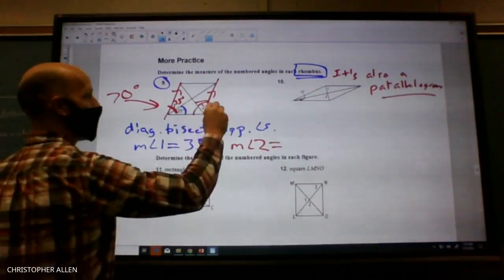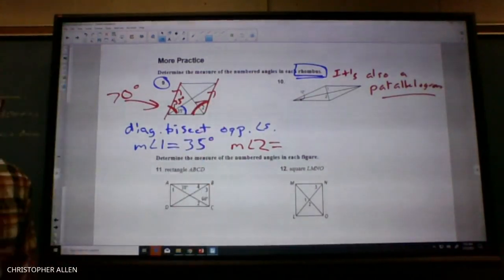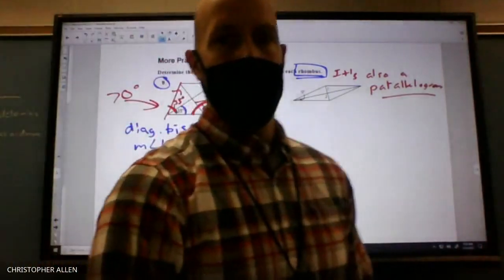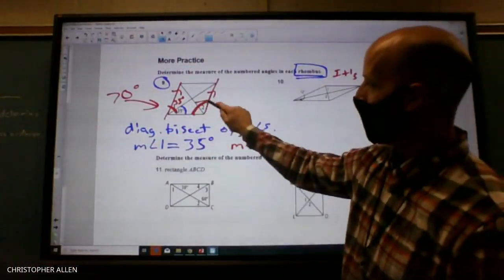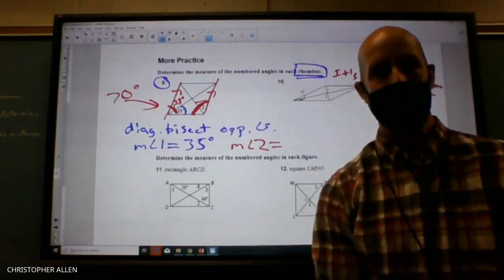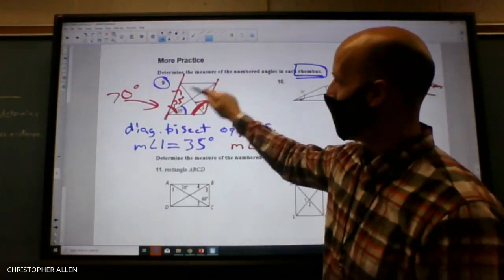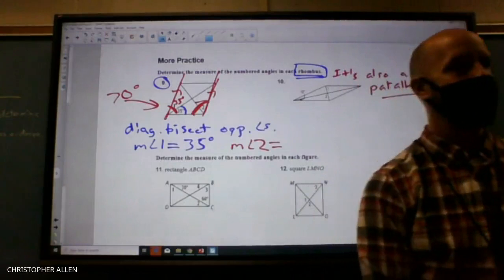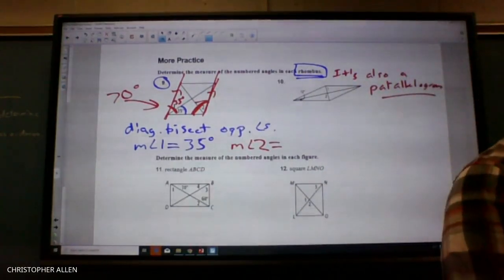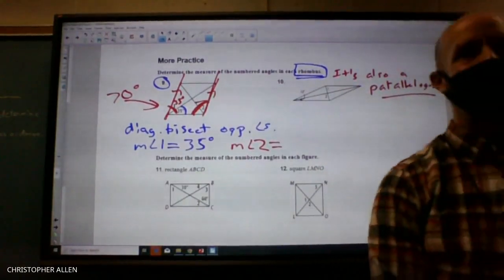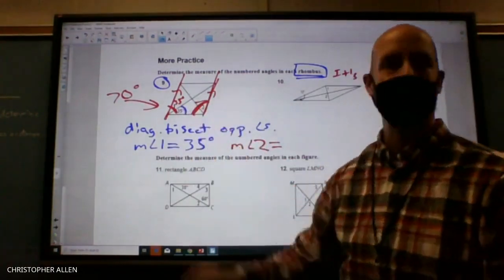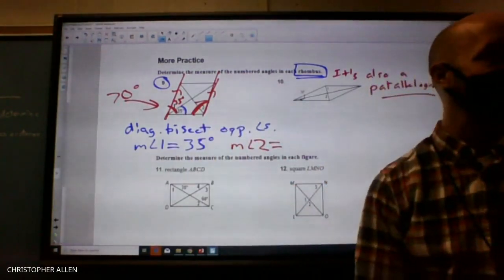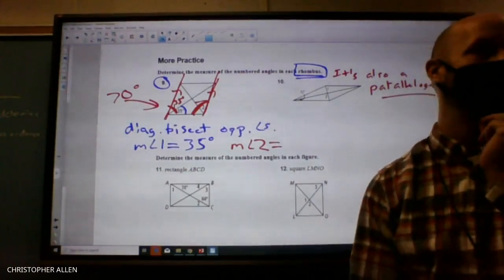So what would this angle have to be then? Does this angle here have to be 70 degrees if these two sides are parallel? Would that make sense? That doesn't make sense, because these two angles would have to be supplementary, from what we've done in the past with what we call consecutive interior angles.